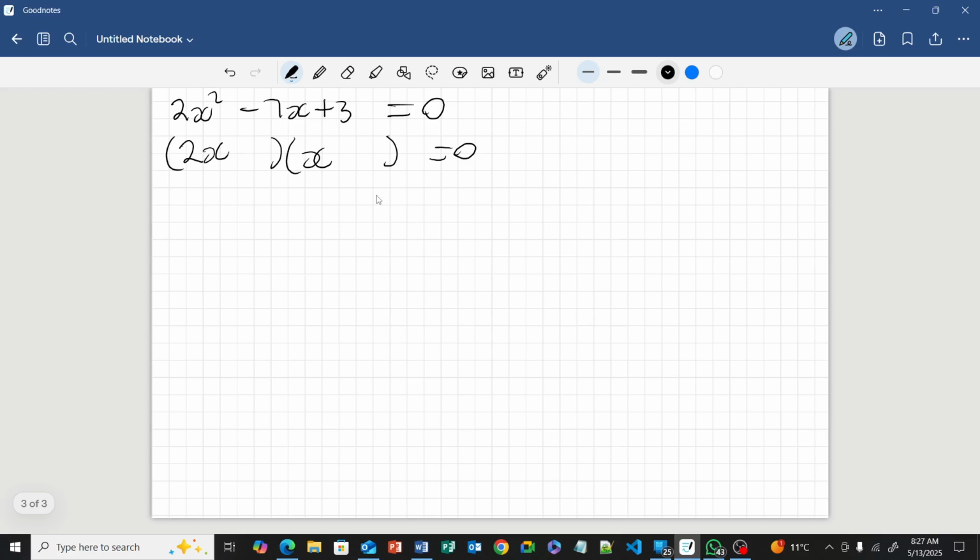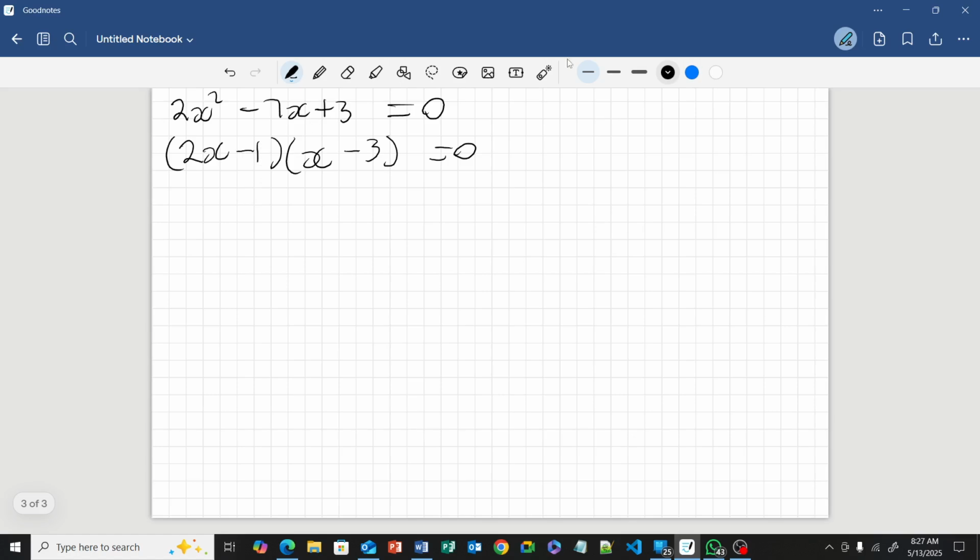Now, here we use trial and error. Okay? So now, looking at the middle term here, we need a bigger number, right? So since we need a bigger number, I will put negative 3 this side so that I can multiply it with the 2. Then I will also put negative 1 here.